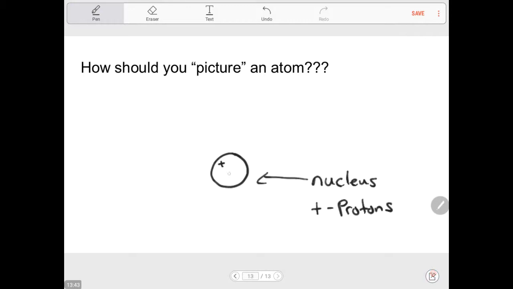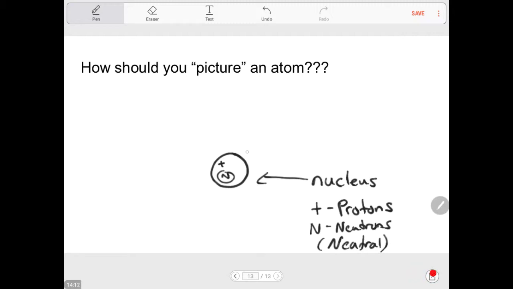Also found inside the nucleus will be, I'll put N, and those are going to be called N for neutrons. So inside the nucleus, we have 2 different kinds of particles. We have positive protons, and we have neutrons. They are neutral, as in they have no charge. They are not positive, they are not negative, they simply have no charge.